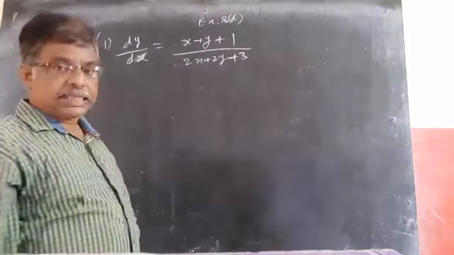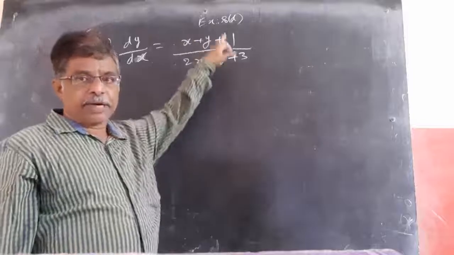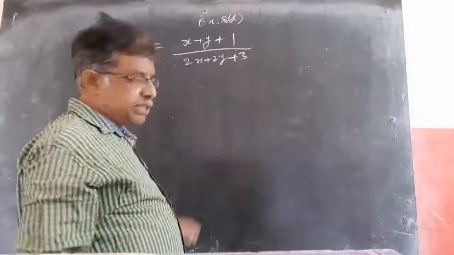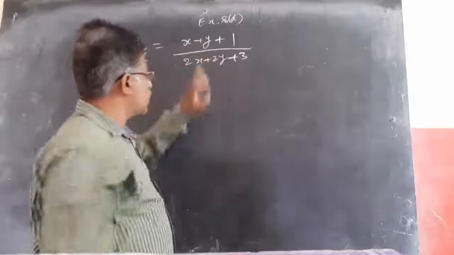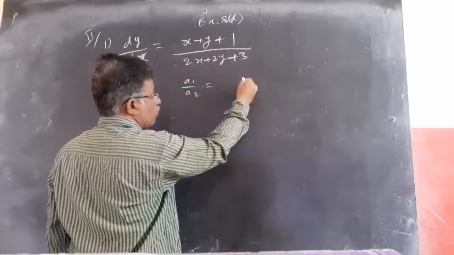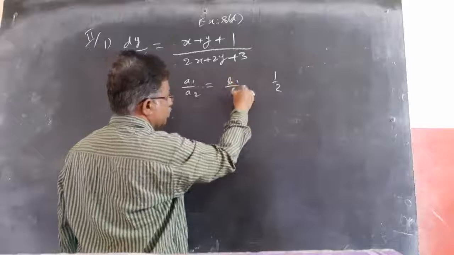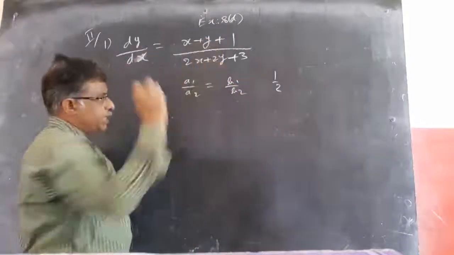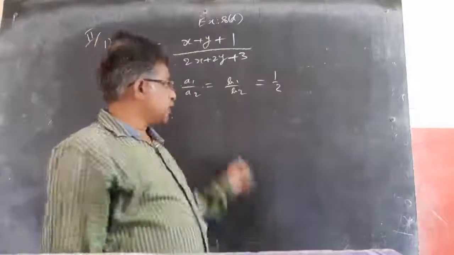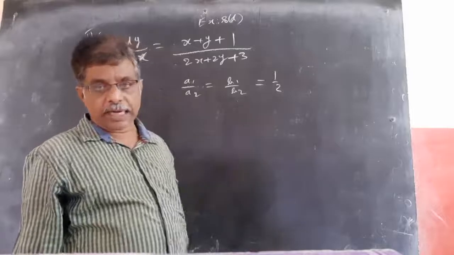Another way is you can check whether a1 by a2 equals b1 by b2. We have a1 by a2 equal to 1 by 2, and b1 by b2 also 1 by 2. So a1 by a2 equals b1 by b2 equals 1 by 2. Both are equal.